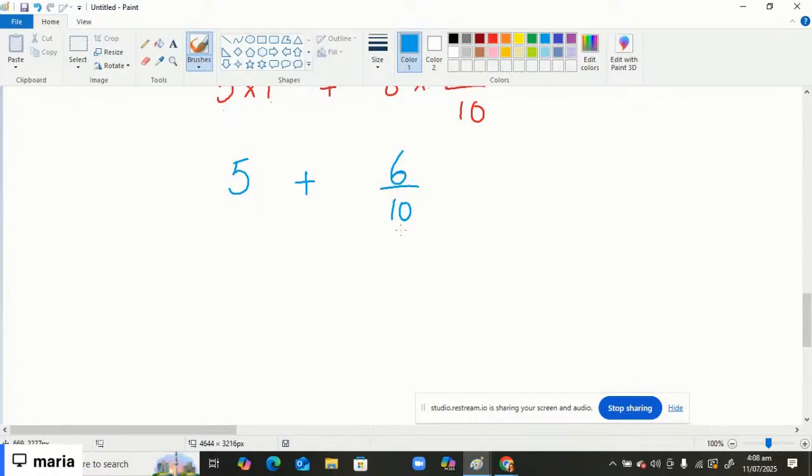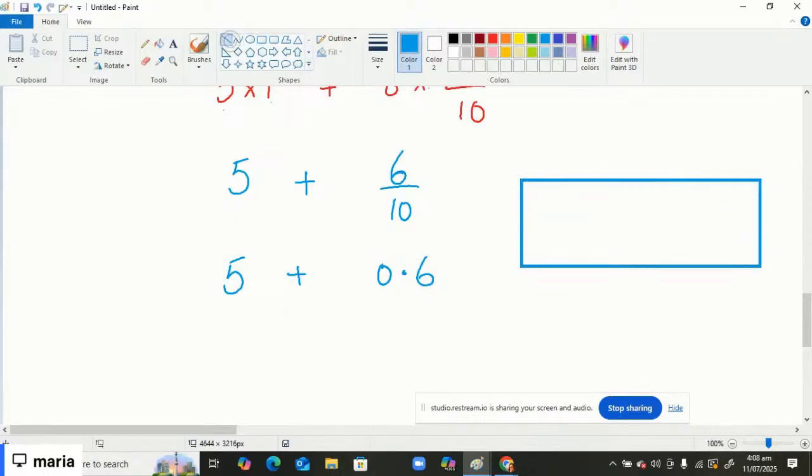So 5 plus 6 by 10. As we know, what is the answer of 6 by 10? This is 0.6.